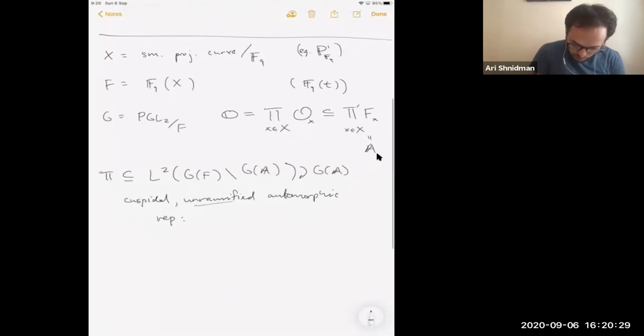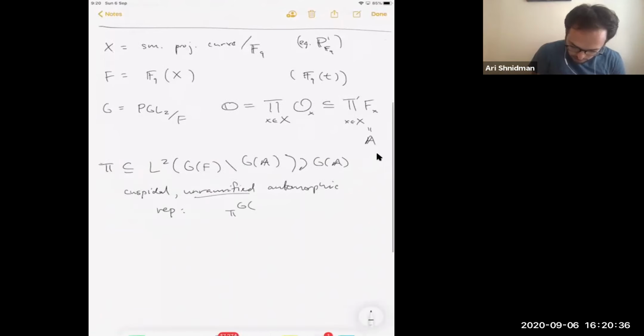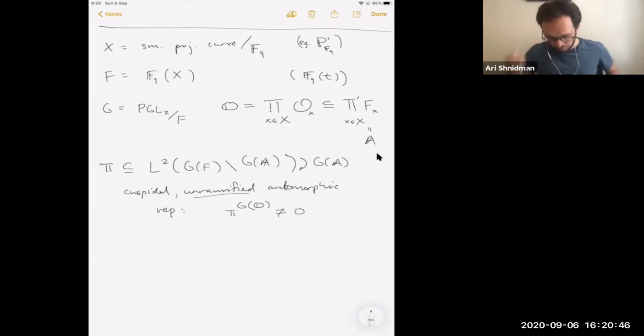And this word unramified means that there's a vector in the representation π which is fixed by G(O), the integral points on G. So this fixed subspace is non-zero. And there's only a finite dimensional subspace of such fixed vectors as you vary over all L², if you also demand cuspidality.